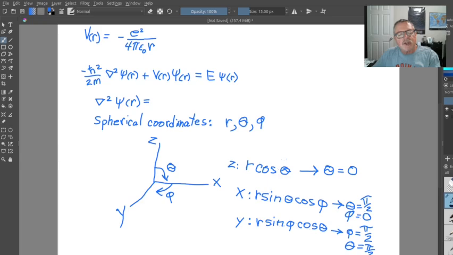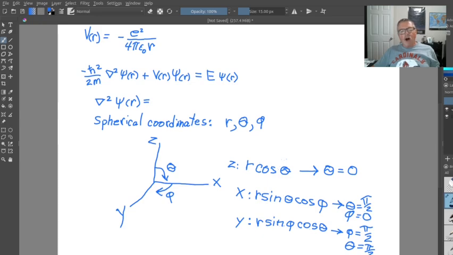Now, the phi angle starts at x and goes this direction. So phi of 0 is right on the x-axis. Phi of pi over 2 is on the y-axis. So the x-axis is going to be r sine of theta. If it's all x, it's going to be all the way down here, and theta is going to be pi over 2, and the phi angle is going to be 0 because it's right up here.